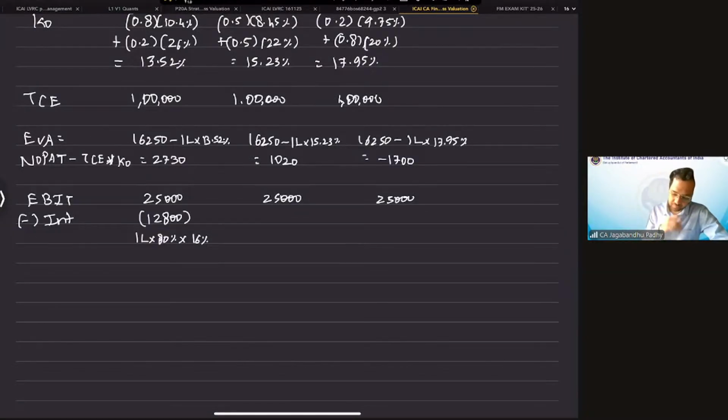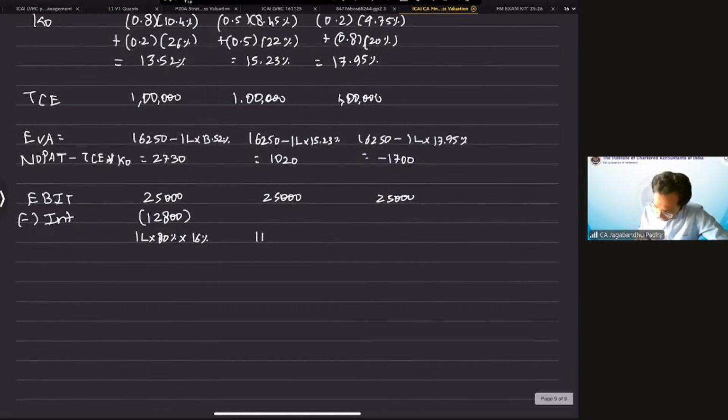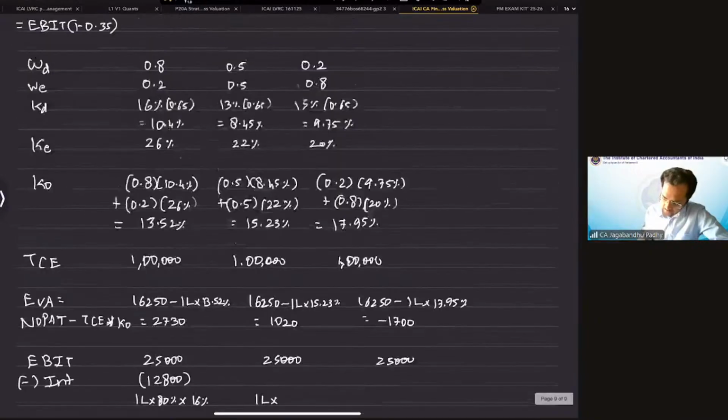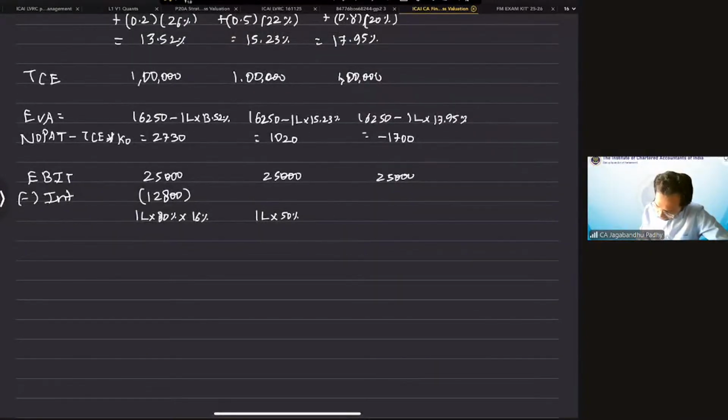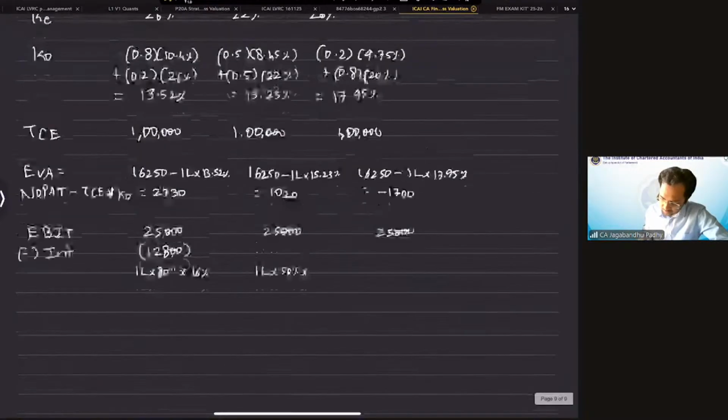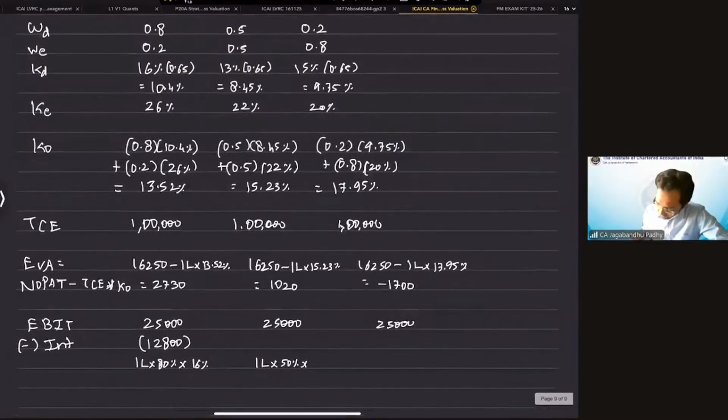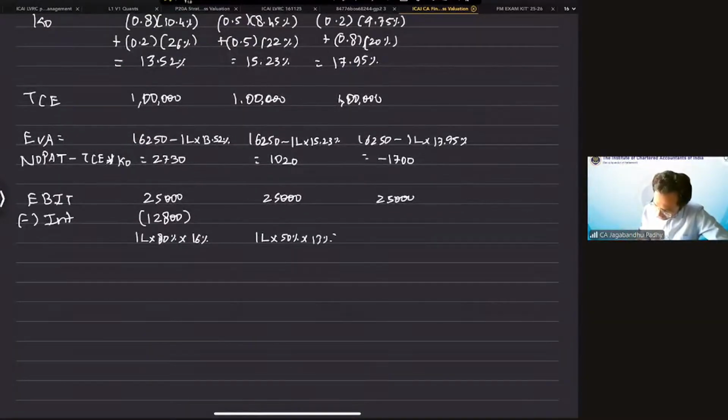So 1 lakh into 80% into 16% is 12,800. In the second case, 1 lakh into 50% into the pre-tax cost of debt, 13%, which is 6,500 as the interest cost.